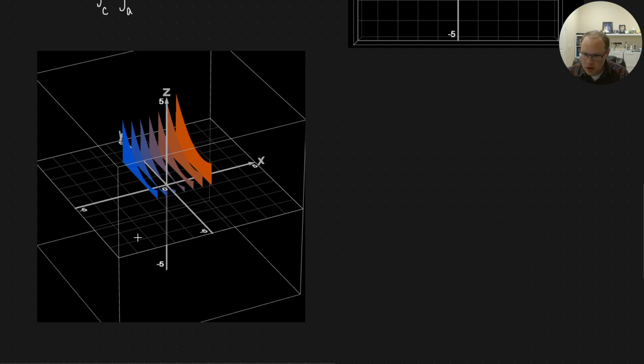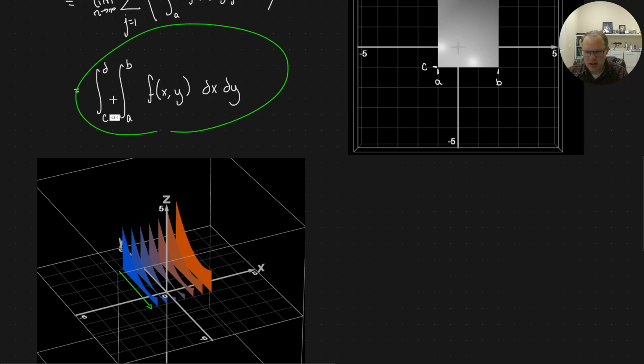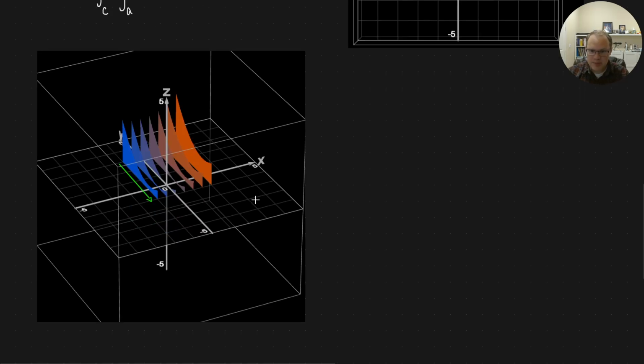So you would start by integrating your slices in this direction. That would be holding your x value fixed and integrating in the y direction. Notice that's the opposite of what we're doing here. The way I've written it here, we're integrating first with respect to x and then with respect to y. Since the x comes first, we would hold the y fixed. This picture is drawn a little differently. We would be holding the x fixed.